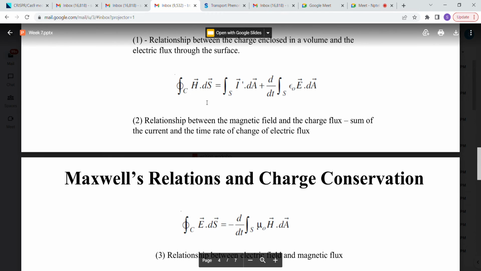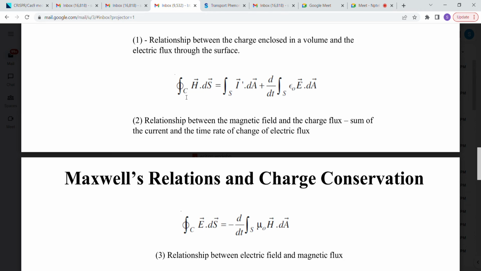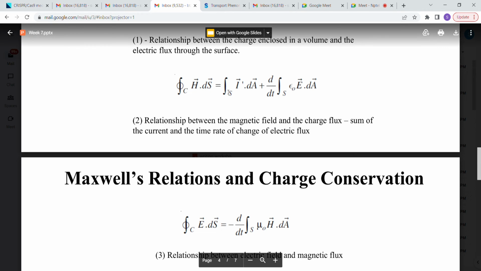The magnetic field intensity, given by this term, is equal to the sum of the current and the time rate of change of electric flux. We can also call this rate of change of electric flux the displacement current, and the unit for displacement current is also amperes. So this integral, if you integrate over the area, gives you the current.